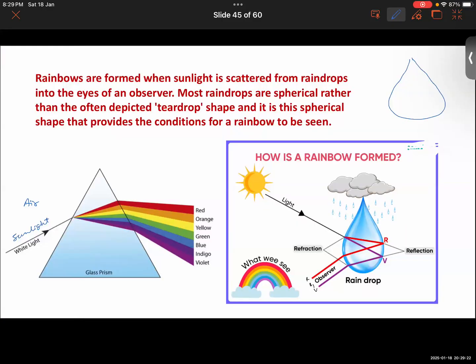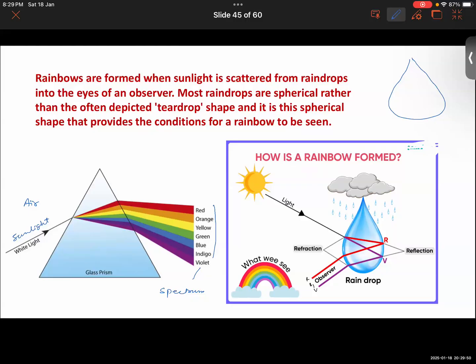So when the sunlight enters a new medium, all of them start to bend differently, and when it comes out of the glass prism, it comes out as a band of 7 different colors, and this band is what we call a spectrum. If you take a glass prism, you can observe this spectrum on a wall or on a sheet of paper.